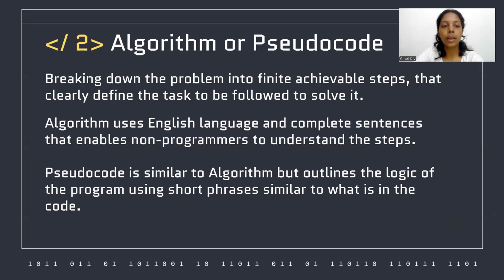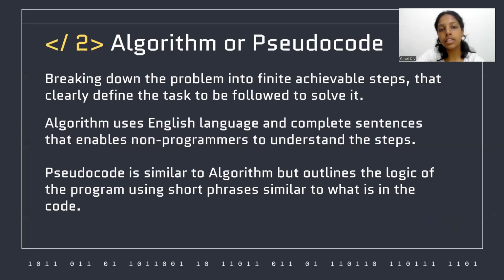Algorithm or pseudocode mainly involves breaking down the problem into finite achievable steps that clearly define the task to be followed to solve it. So if we have a big problem, we are breaking it down to smaller tasks that clearly define how they will solve the smaller problems.